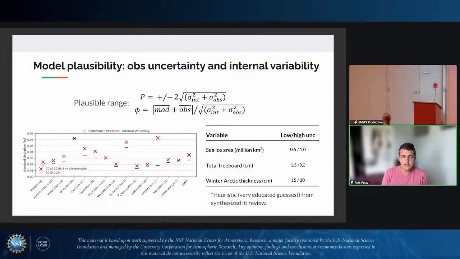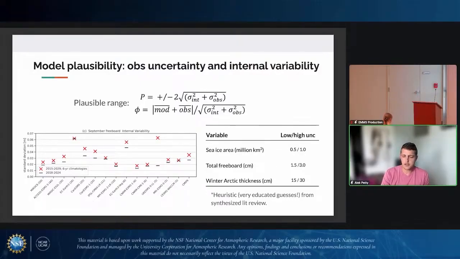Unfortunately, there is a decent amount of internal model variability, but this is similar to what we see with the area and thickness results too. So we follow a similar approach to other studies, looking at the larger ensembles and taking a multi-model mean. We put that together and produce these plausibility scores that previous studies have presented and that we're building on.